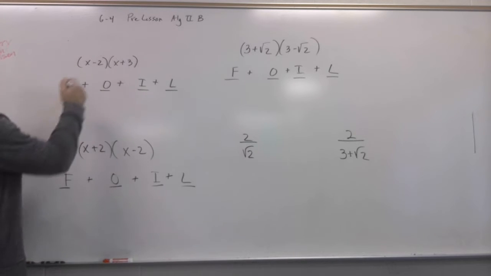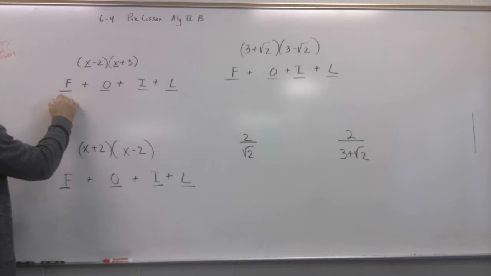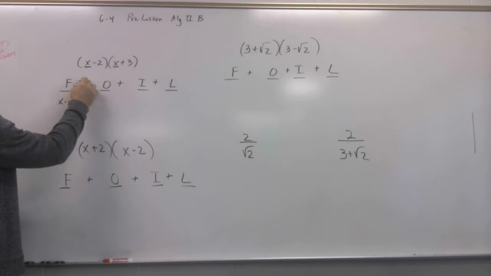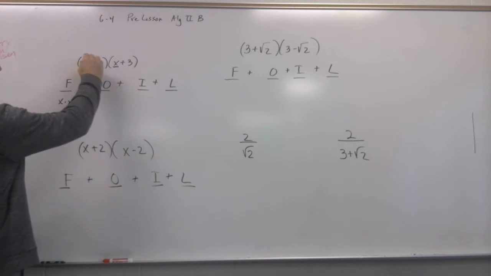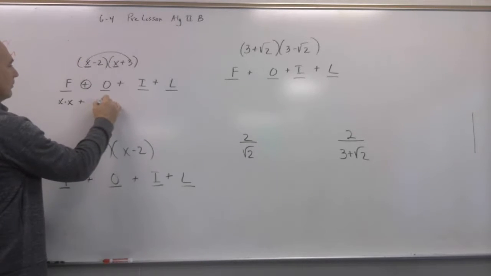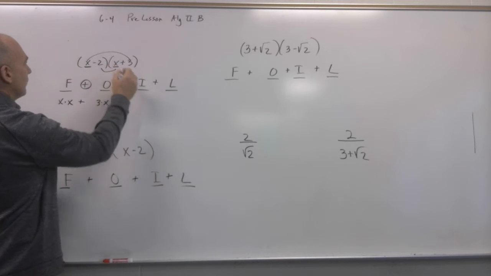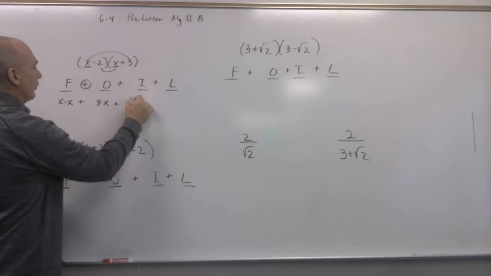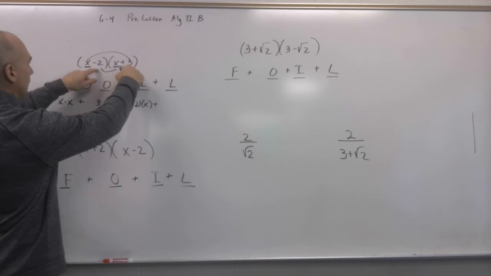F stands for first, so that's the first two things in each binomial, x times x. Now, a lot of students forget this, but it's plus, now we go outside, so 3 times x, plus inside, that's -2 essentially, times x, plus whatever you get with the last ones.